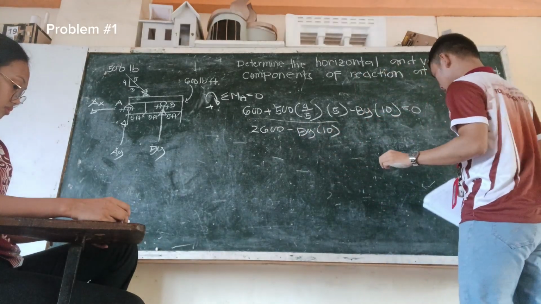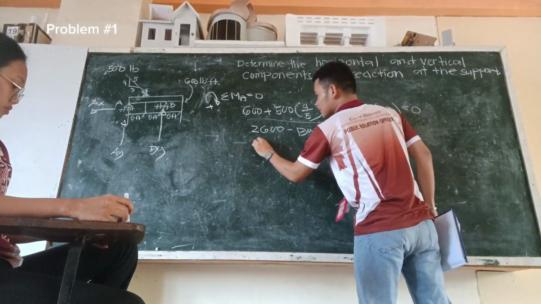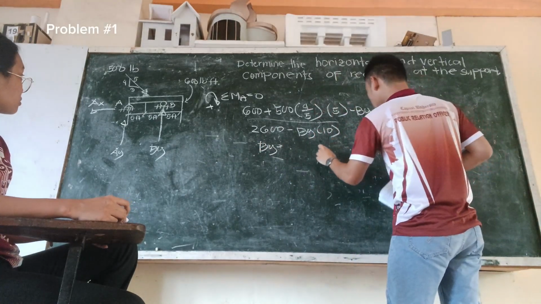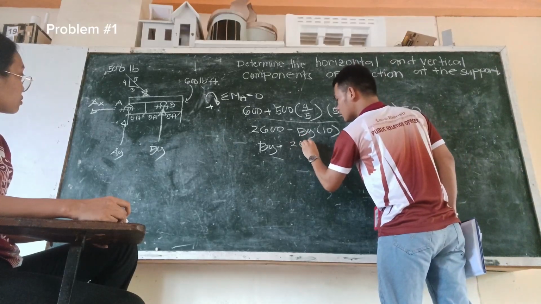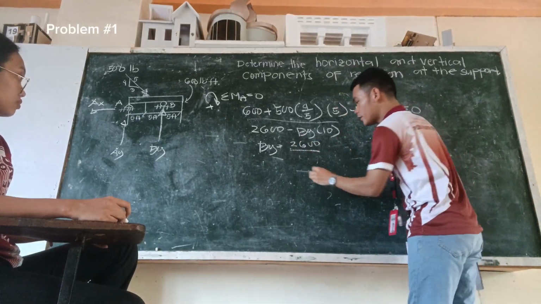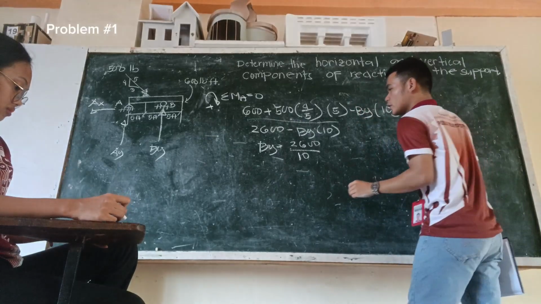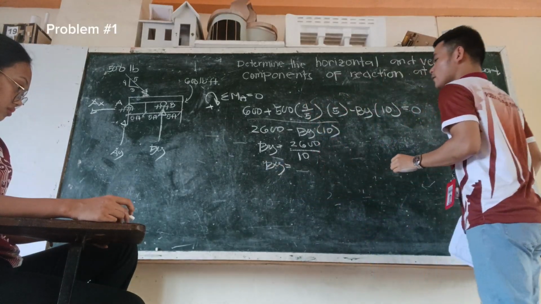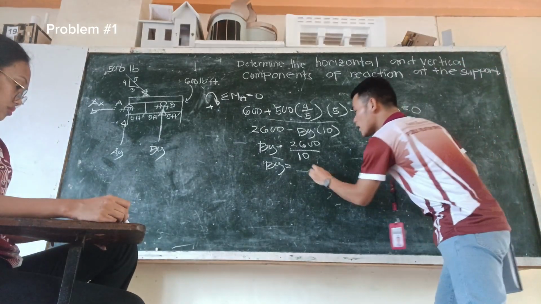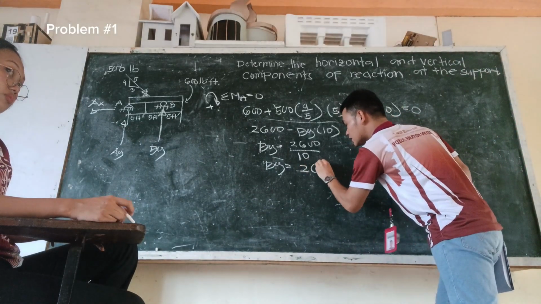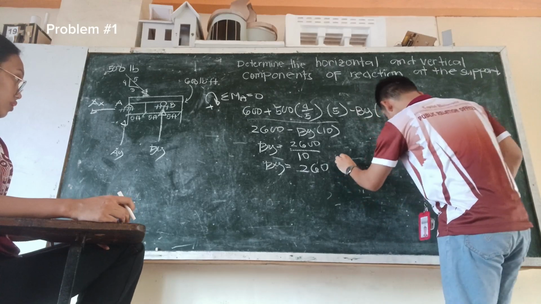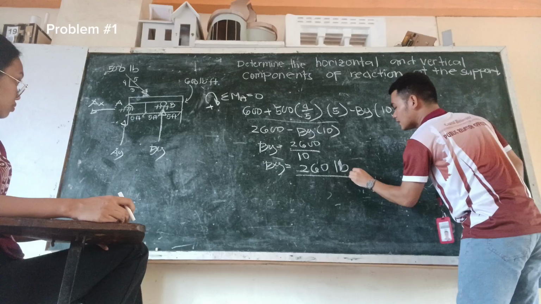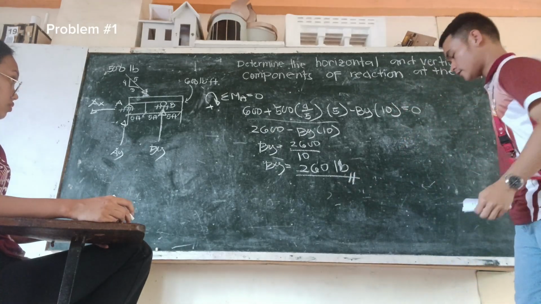So transferring, By times 10 is equal to 2,600, so By is now equal to 2,600 over 10, which is 260 pounds. And that is our answer for the By.